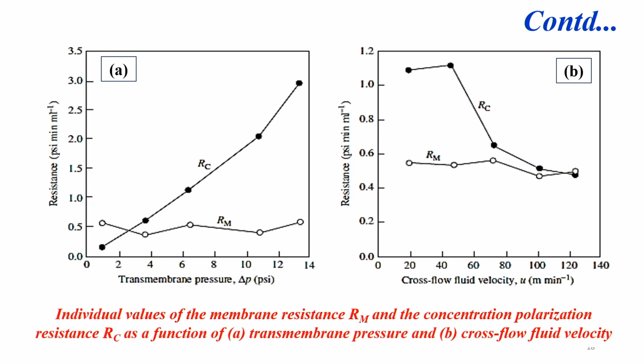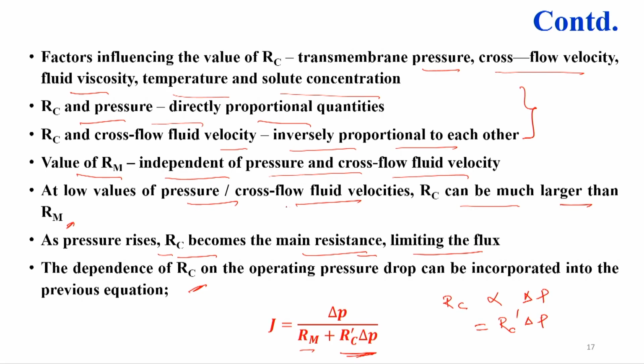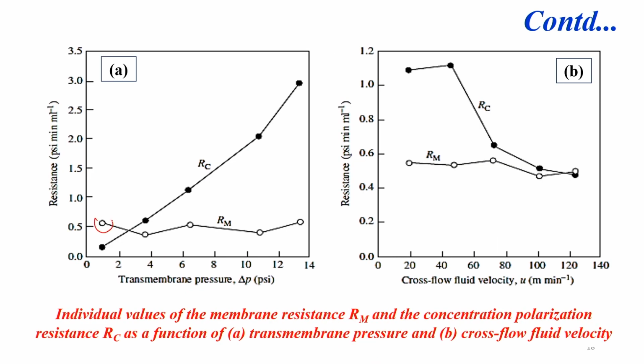Now, here initially, at low value of pressure or low cross flow fluid velocity, Rm can be much larger than the Rc. So, here the Rm is higher than the Rc, but as the transmembrane pressure is increasing, you can see there is a steep rise in the Rc value.